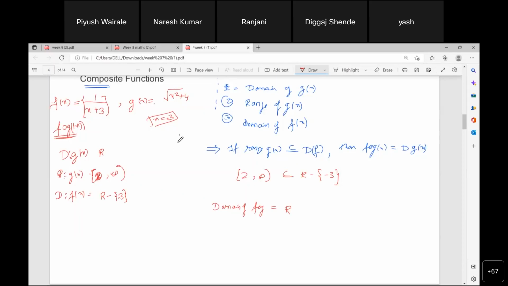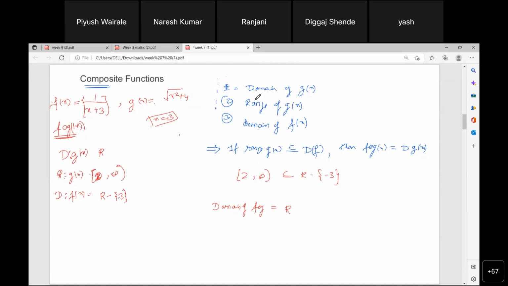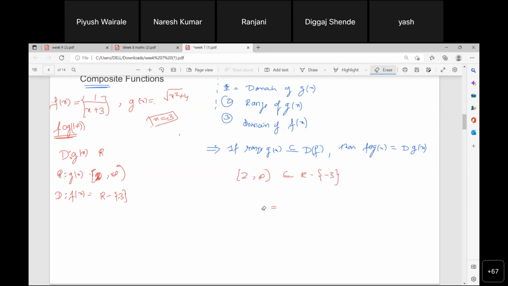There's one more condition: what if this condition is not satisfied? This is case 2. So this is basically case 1, right? What if this condition is not satisfying? Suppose the range of g of x is not a subset of the domain of f, then what will be the domain of fog?